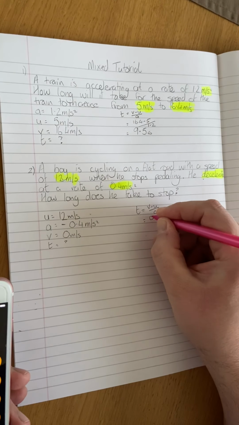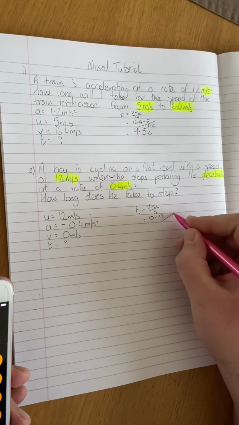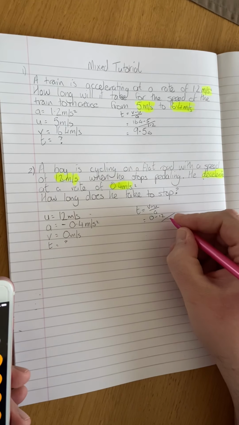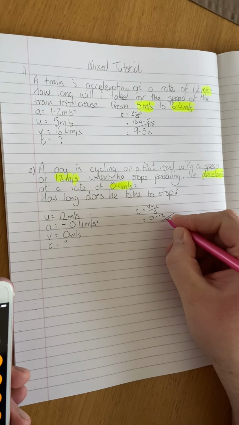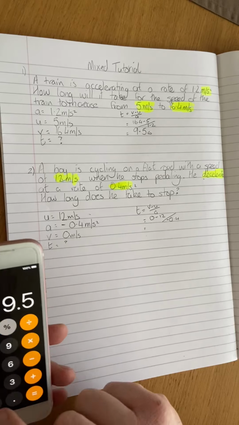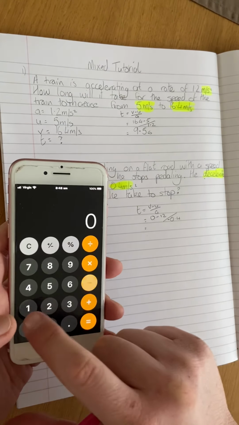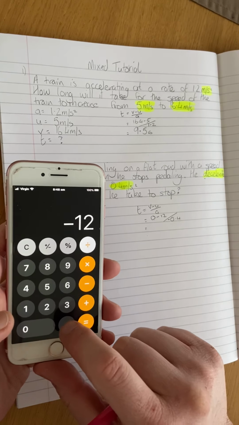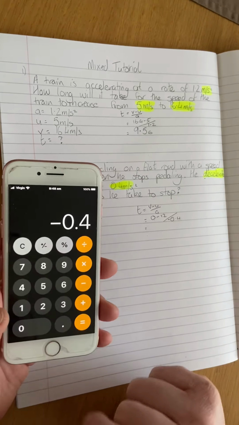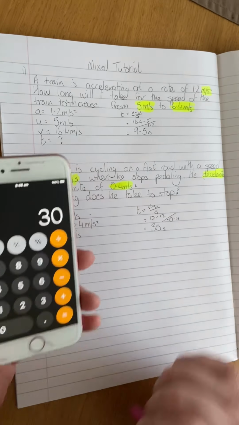So it's 0 take away 12, which I know is going to give me a negative number, but that's okay because I'm dividing it by also a negative number. So it's 0 take away 12 divided by negative 0.4 equals 30 seconds.